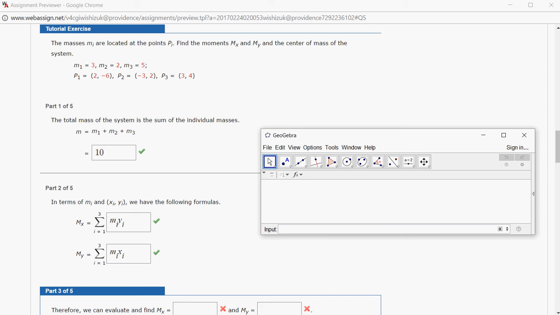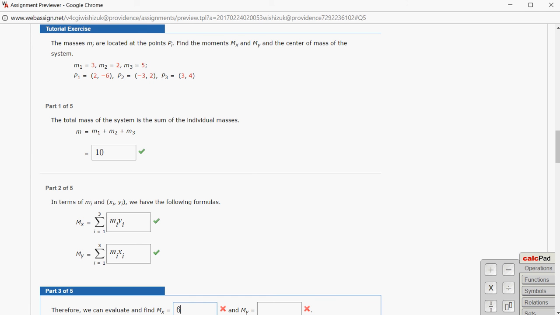So m1 is 3 times, and then you want the y1, which is going to be negative 6. Then m2 is 2, and y2 would be 2 as well, and then m3 is 5, and the y3 is 4. Hit that, it came out to be 6, so I put 6 there.